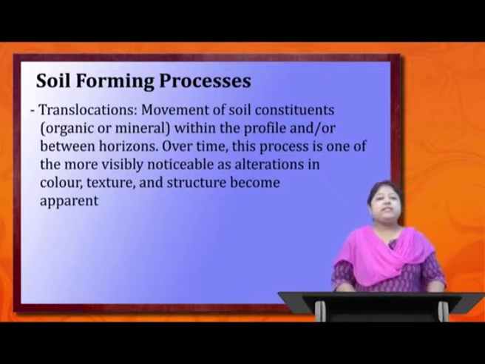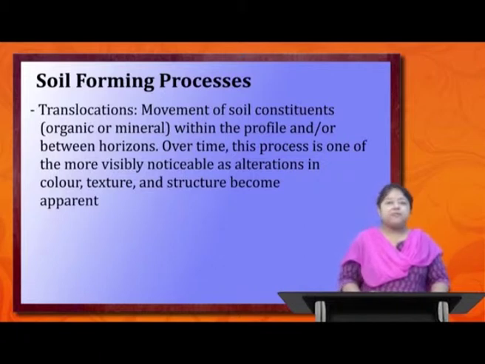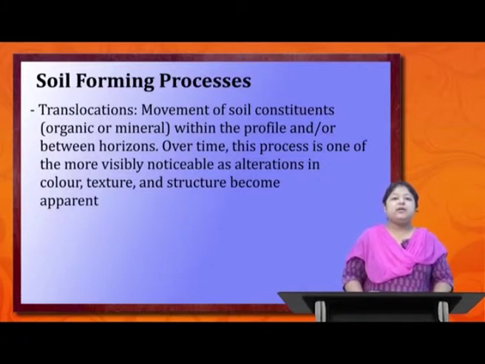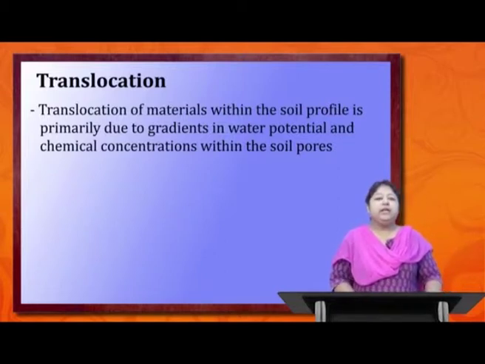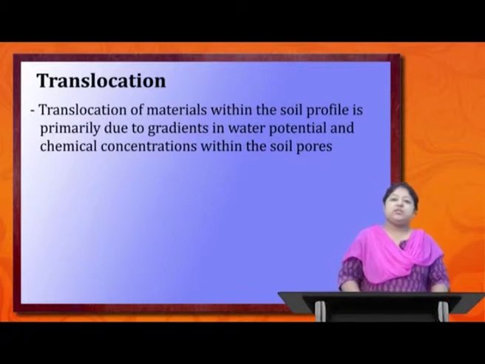Here I have given detailed information about the different types of additions and the removals that are taking place. Now, translocation within the soil profile is primarily due to the gradients in water potential and chemical concentrations within the soil pores.